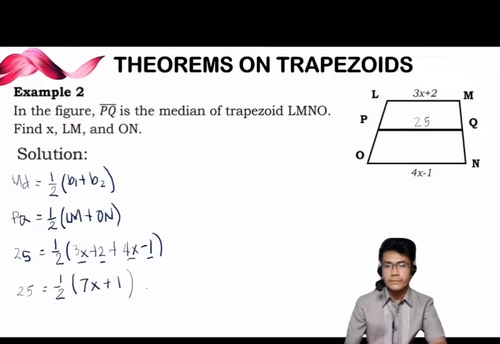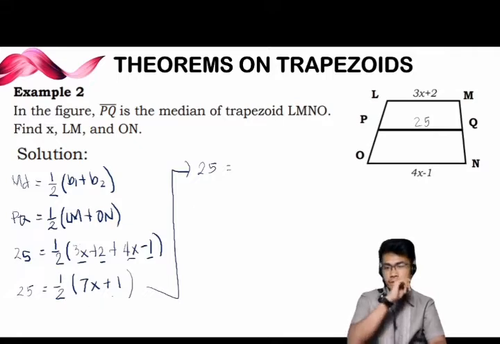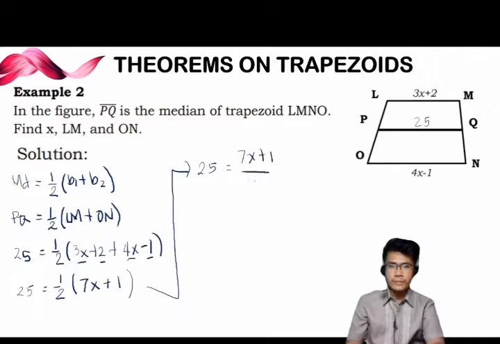Now, let's continue. We have now 25 equals 1/2 times the quantity of 7x plus 1. So we have to distribute 1/2 to the terms inside the parentheses by the distributive property of multiplication. So 1 times 7x plus 1, magiging 7x plus 1 pa din, and then just copy the denominator too.